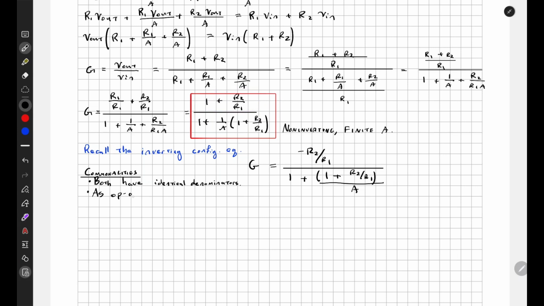So as the op-amp becomes more ideal, the meaning of that is as open loop gain goes to infinity, then the closed loop gain equation takes on the numerator.